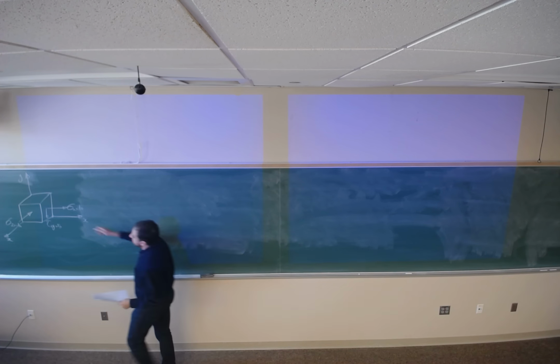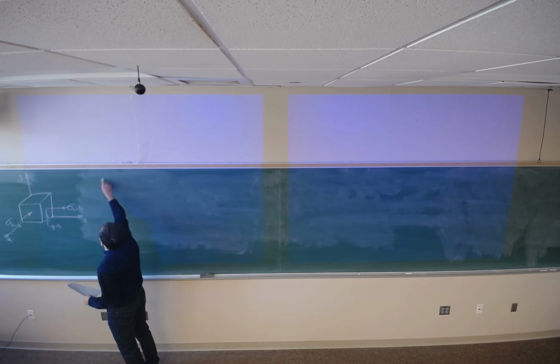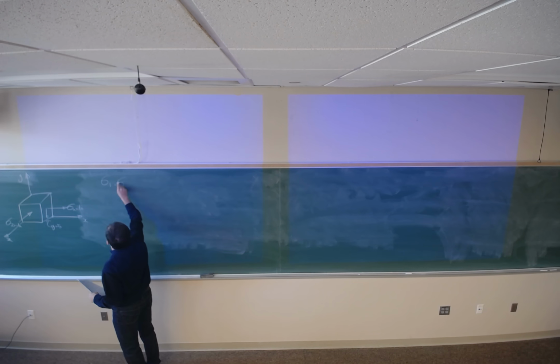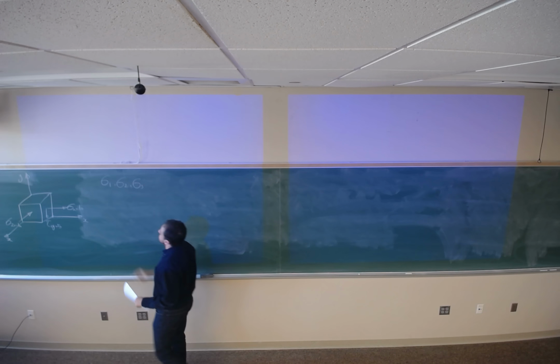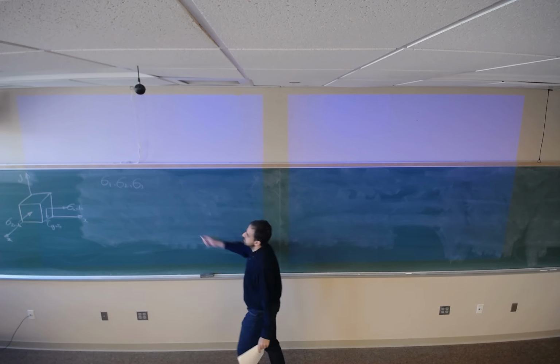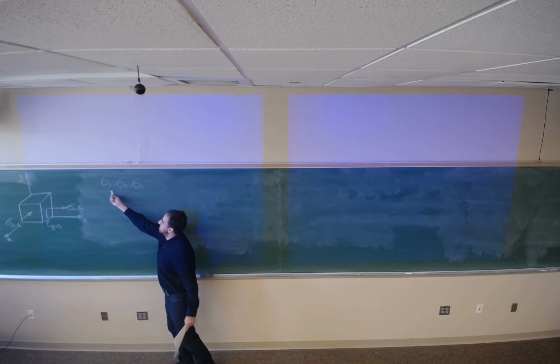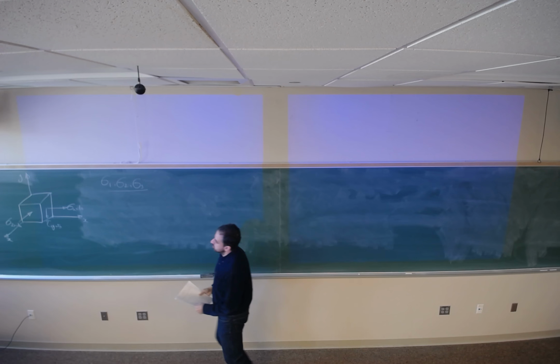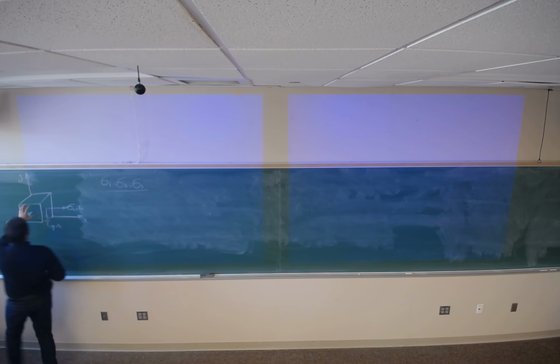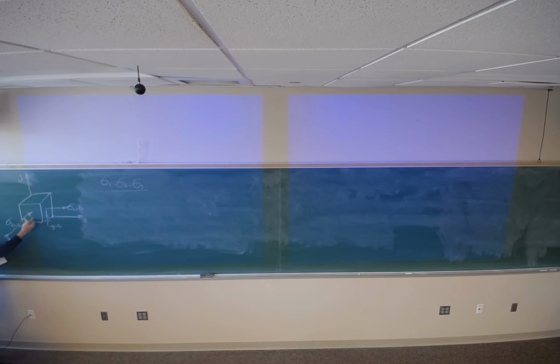We have 3 planes, so we expect to get 3 principal normal stresses. 3 principal normal stresses means no shear stress is gonna show up. If you look at this plane, you don't see any shear stress applied to it. It tells me sigma z is one of the principal normal stresses.